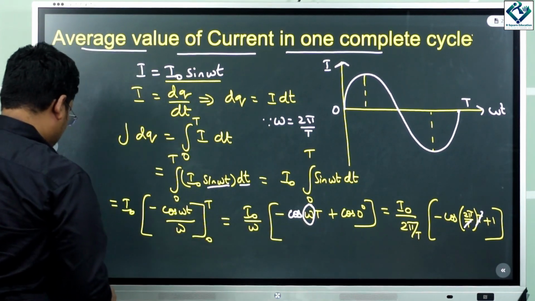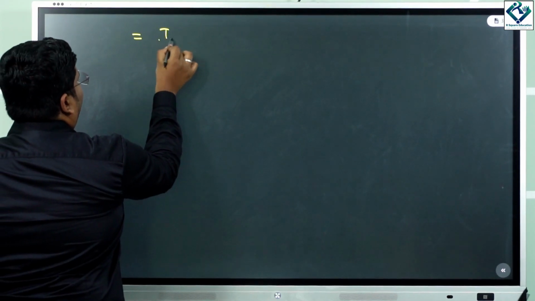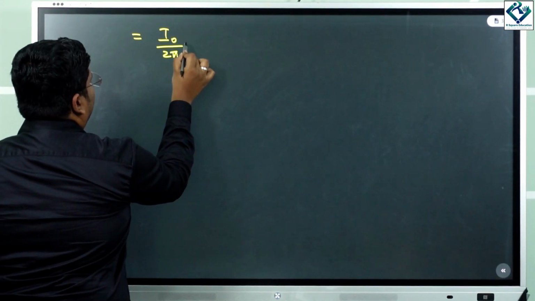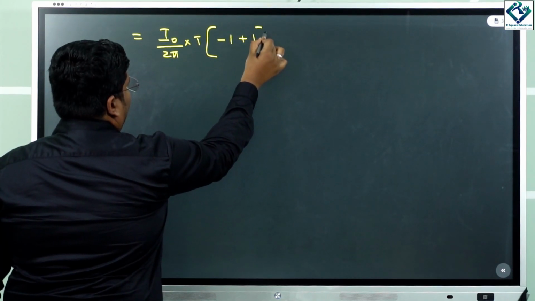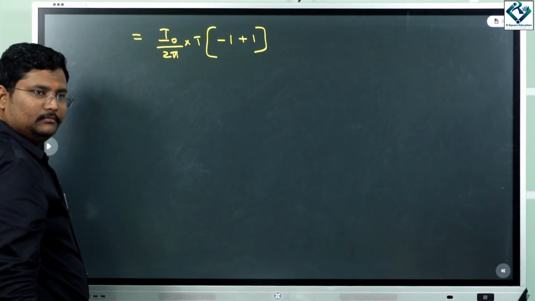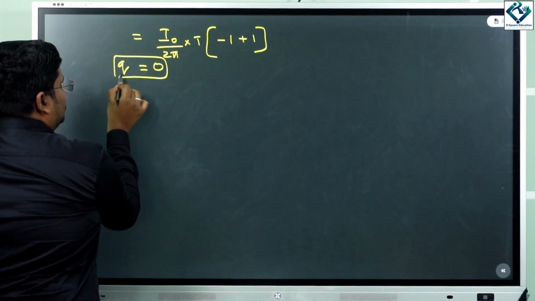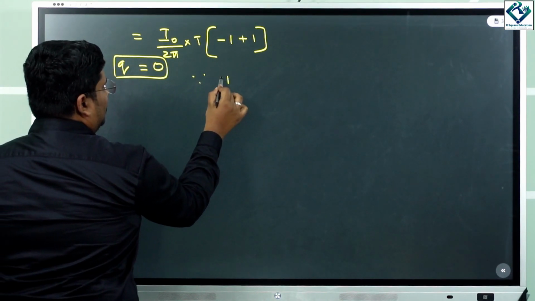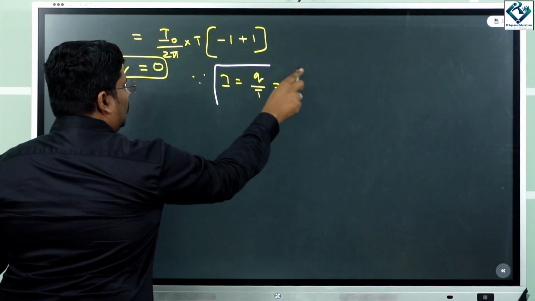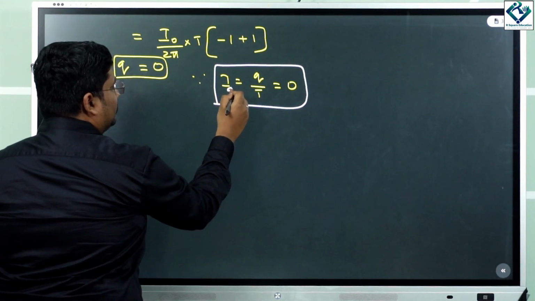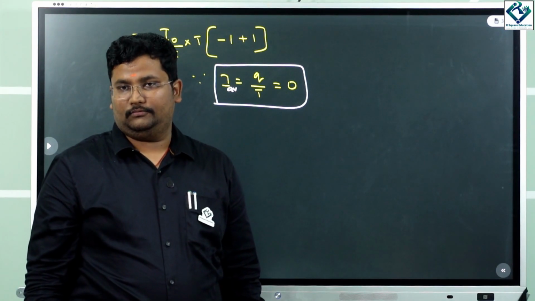So what you will do: I naught by 2 pi into T, here minus 1 plus 1. It becomes 0. So q becomes 0. So if q becomes 0, I is equal to q by t, which is also 0. So what will be the average current over one complete cycle of an alternating current? 0.